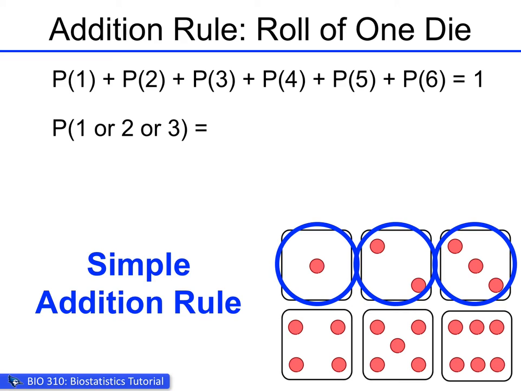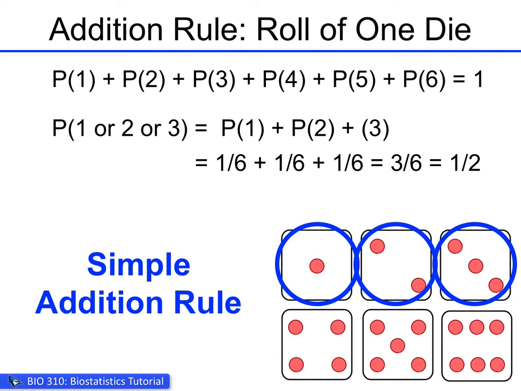Okay, so in this case, with this simple question, we're looking at the dice, and we're going to roll a single die once, and we want to know the probability of getting a 1 or a 2 or a 3. We would simply add the probability of getting a 1, a 2, or a 3. And because there are 6 sides, we know that the chances of this happening are 1 in 6 for each of these options.